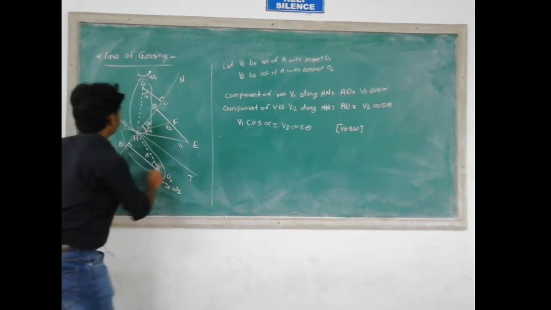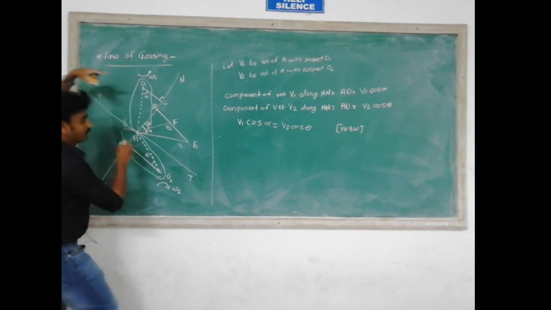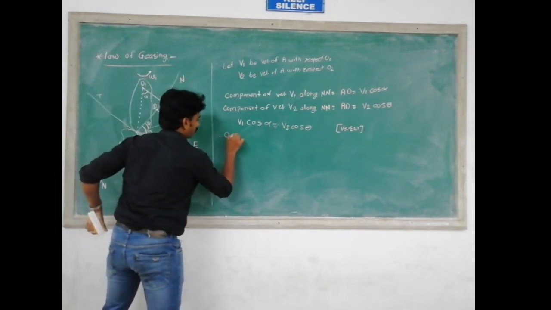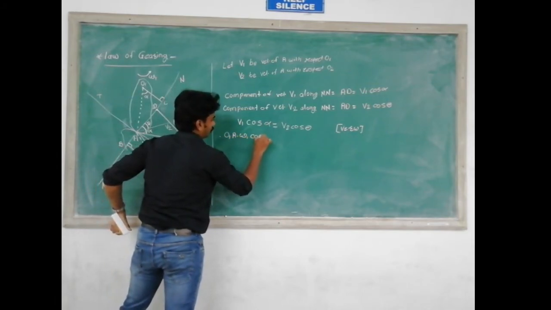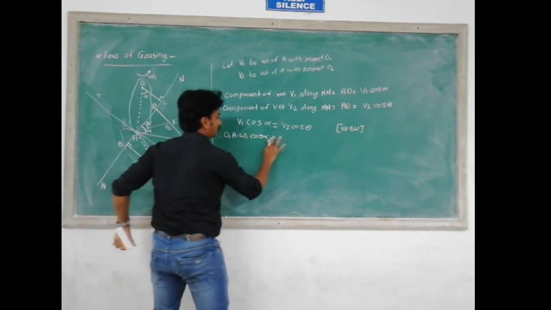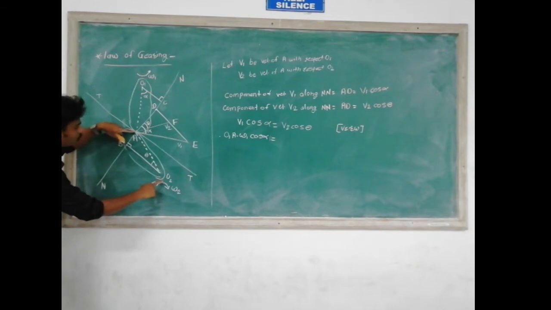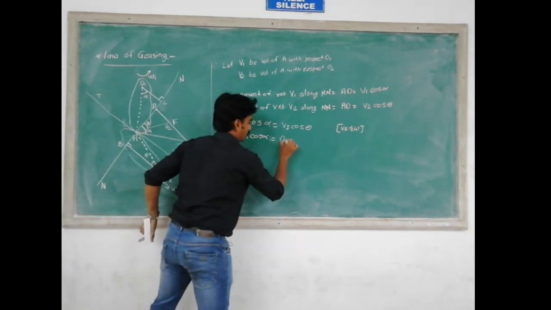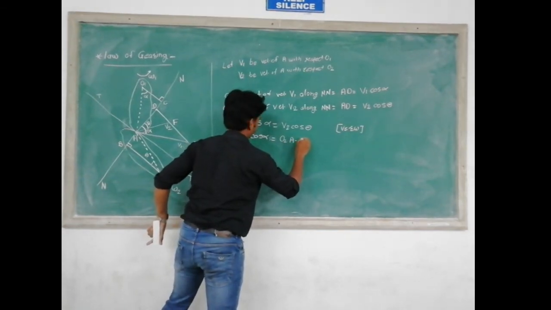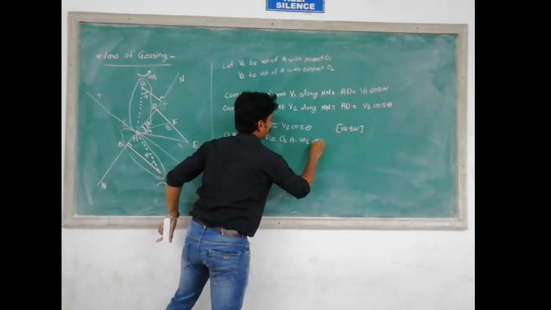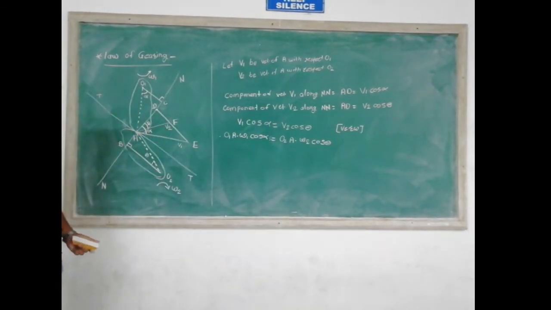For V1, R is equal to O1 to A. Therefore O1A into omega 1 into cos of alpha is equal to, for V2, R is equal to O2 to A, therefore O2A into omega 2 into cos of theta. Okay.